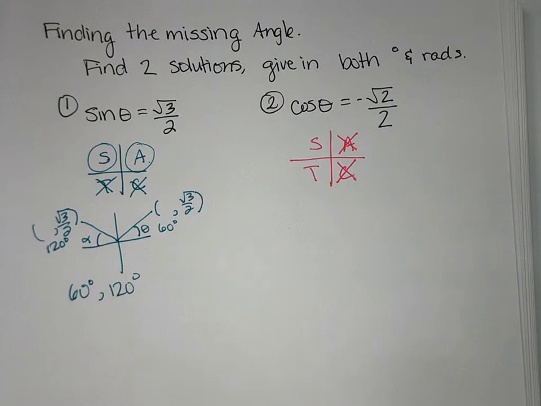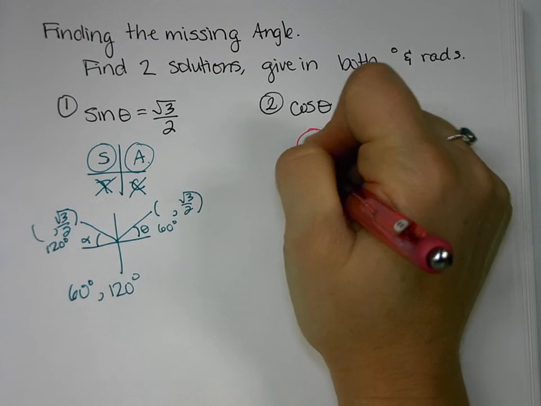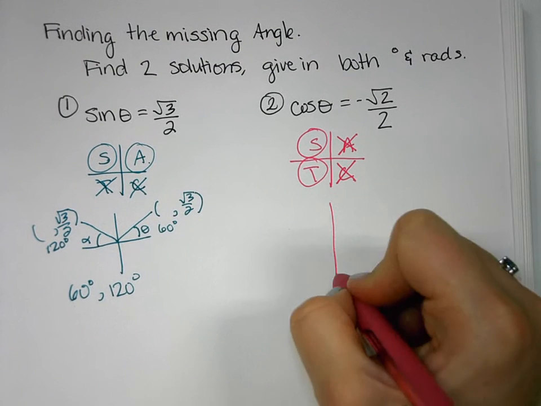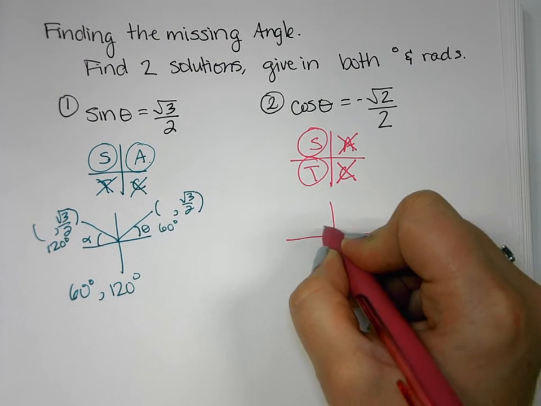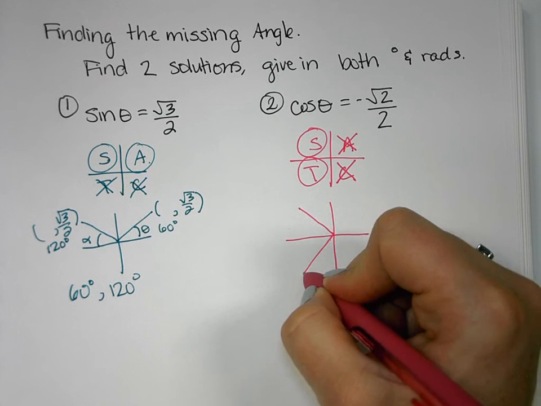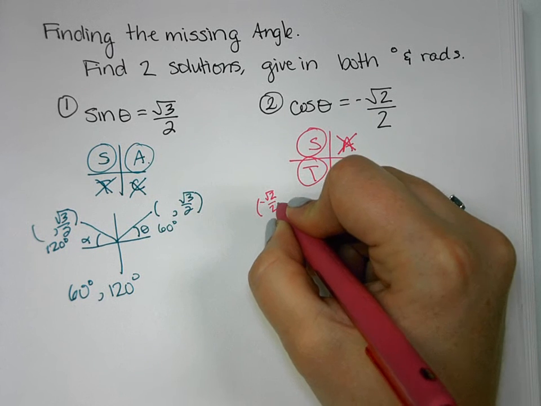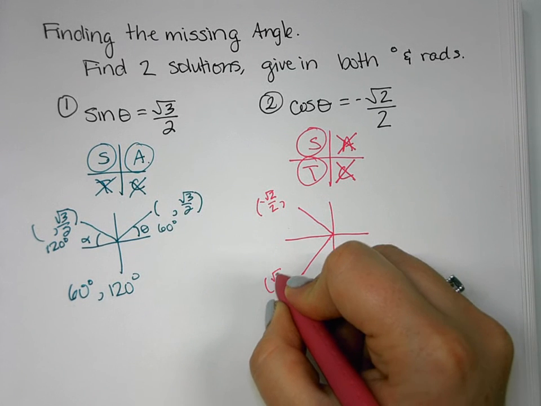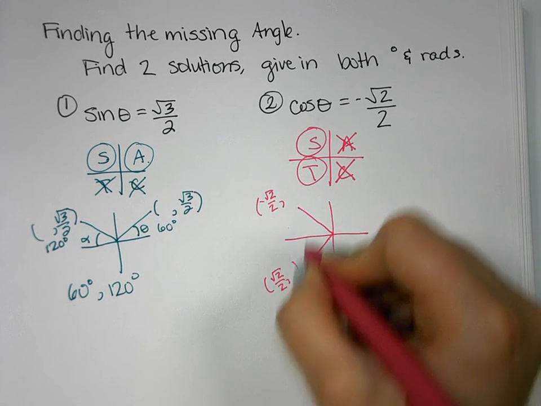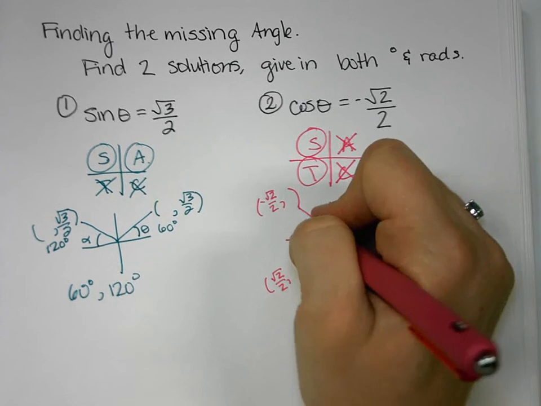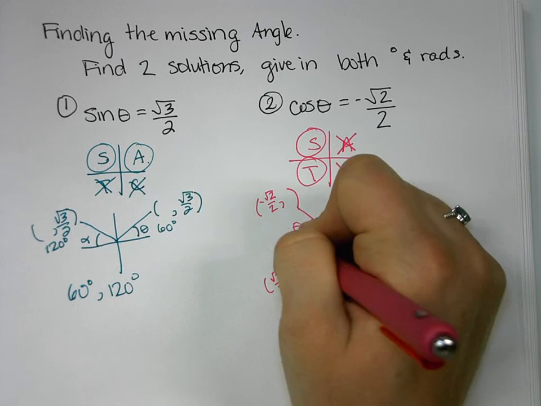So I know it's going to be in these two. So when I go to think about my angles, I'm looking here and here. Cosine's the x value, so negative root 2 over 2 should be what I'm looking for in my unit circle in the x spot. So which theta and alpha give us those two angles?